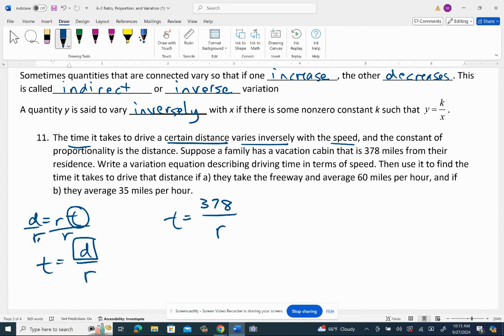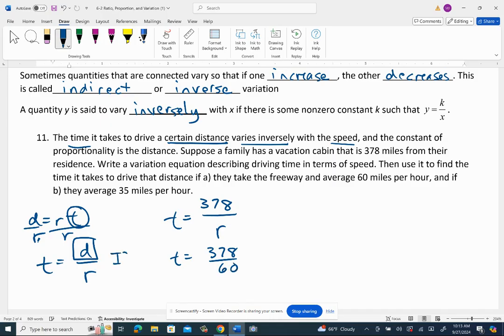And what they want us to do is to use that equation to figure out how long it would take us to get there if we were averaging 60 miles per hour. So we would just take that equation, and in place of the r, we could be putting the 60.